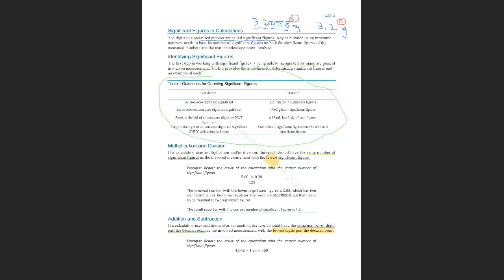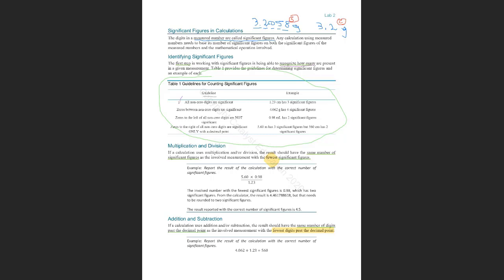So the first thing is recognizing how many sig figs are present in a number, in the measurement. Let's review, so you remember, because the zeros seem to be the issue, when the zeros are left or the zeros are right, but it's very simple. The first one, here is the guideline.